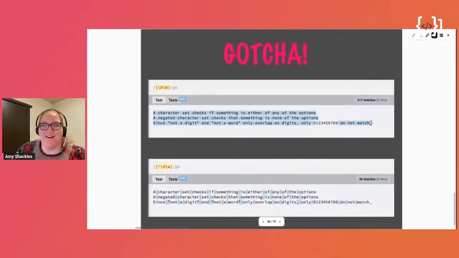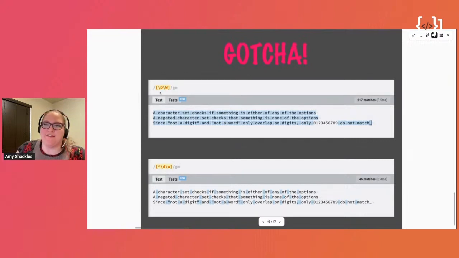The answer is no. Because a character set is saying that something can match this or this, what it actually is doing is finding that something is not a digit, and that is the only thing it's not matching against, because if it's not a digit, it could be a word.